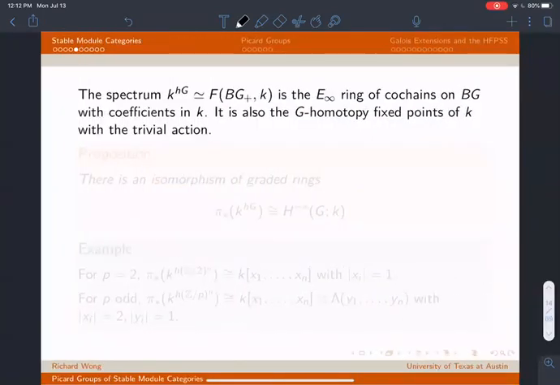So now, as promised, I'm going to tell you what homotopy fixed points are and what Tate fixed points are. So k^hG is the homotopy fixed points of k with a trivial action of G. And it's also equivalently the E-infinity ring of cochains on BG with coefficients in k.